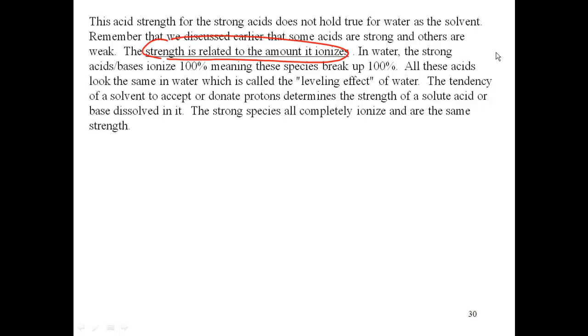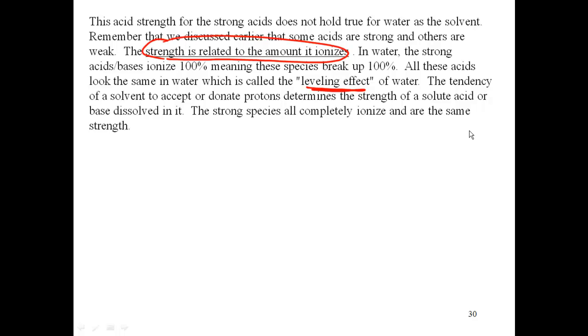In water, the strong acid or base ionizes 100%, meaning that these species break up 100%. All these acids look the same in water, which we refer to as the leveling effect of water. All these species look exactly the same. The tendency of a solvent to accept or donate protons determines the strength of a solute, acid, or base dissolved in it. The strong species all completely ionize and are all the same strength.